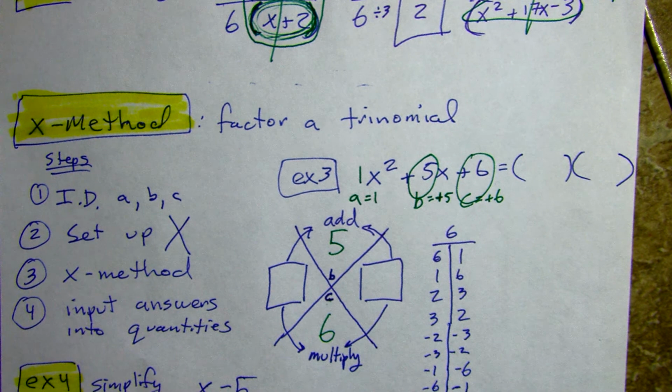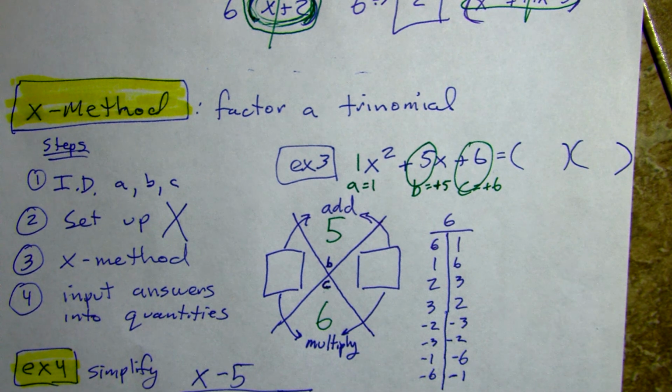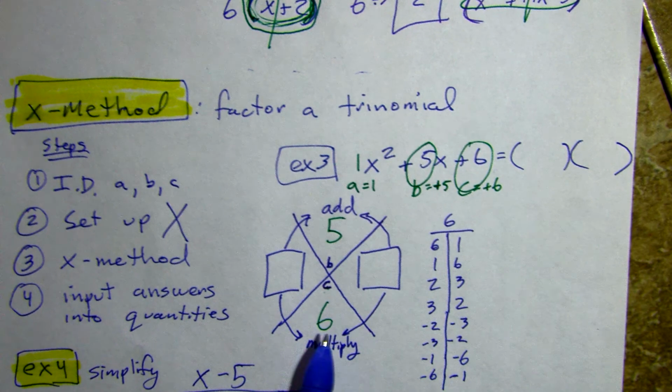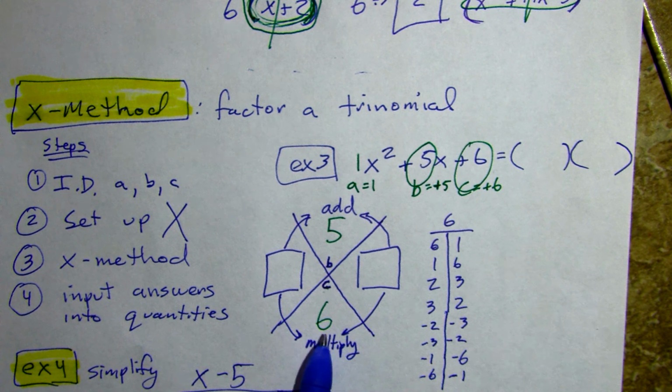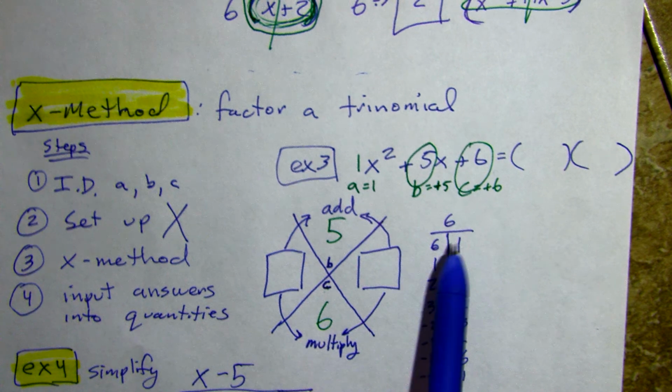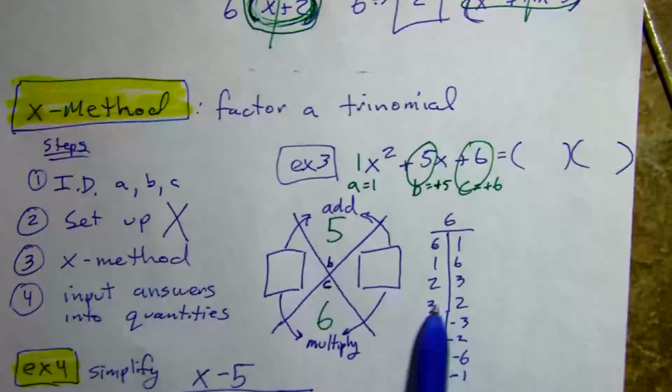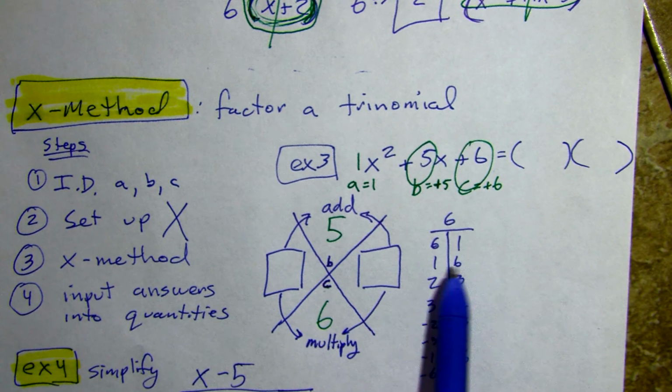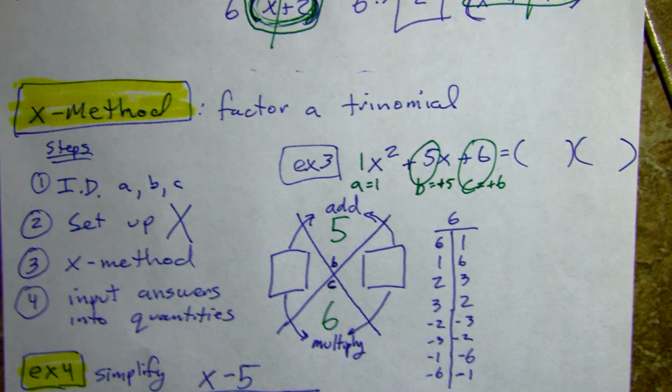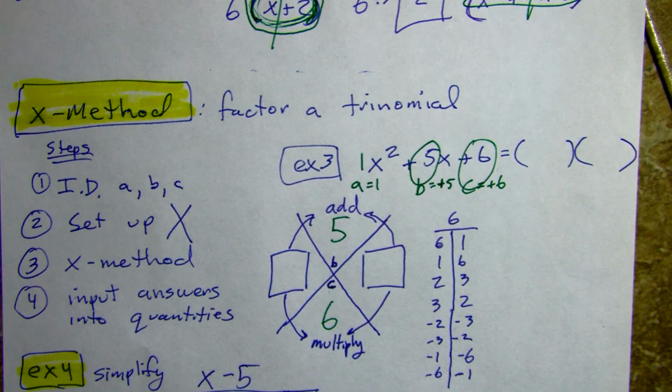All those numbers have a product of 6, multiply to give us 6. And that's what we're looking for. So this is kind of like step 3B. Okay. So we're going to set it up like that.